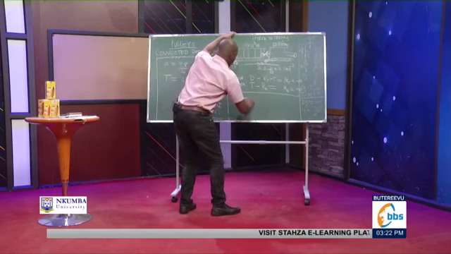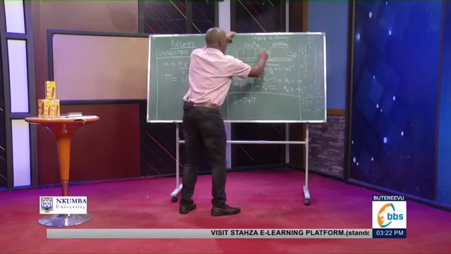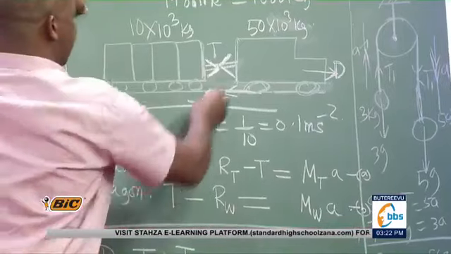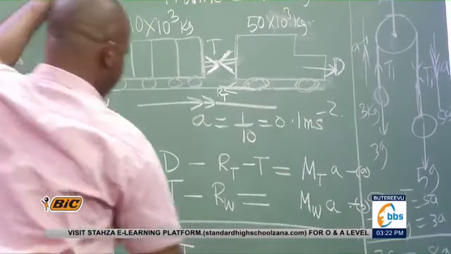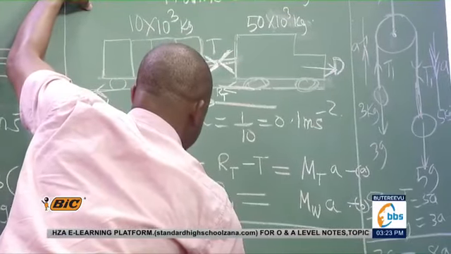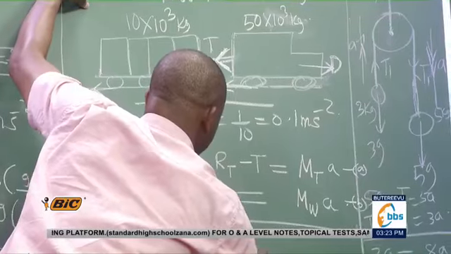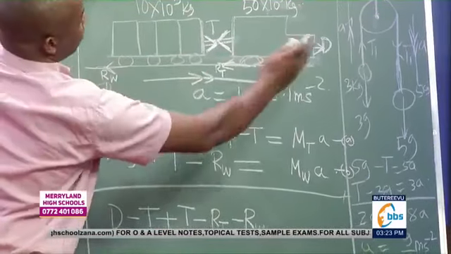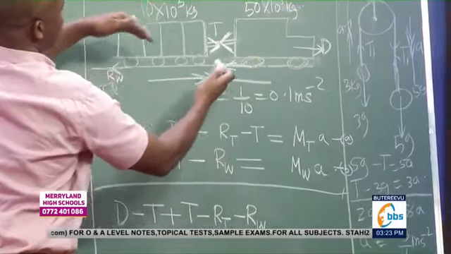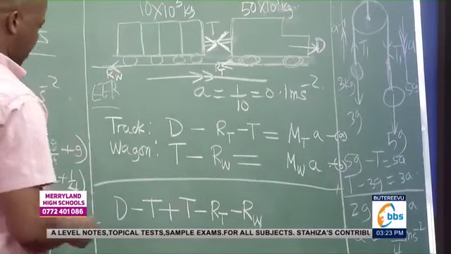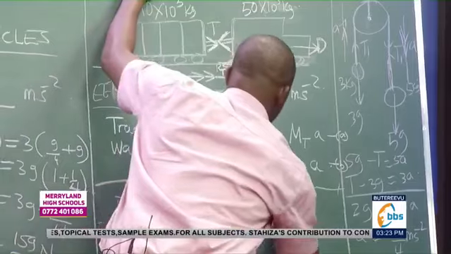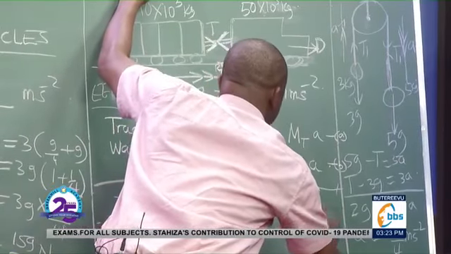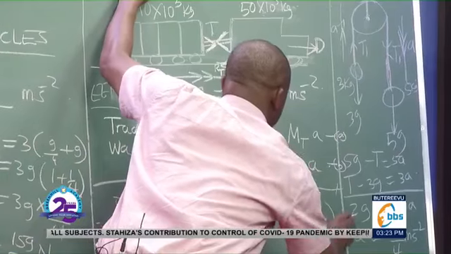Then I will add on this T here. Why? Because this T is in the direction of D, but this one is opposite. Then I will take away RT and take away RW, because the resistances are always acting in the opposite direction to the motion. That would be equal to the mass of the wagon plus the mass of the truck times the acceleration.